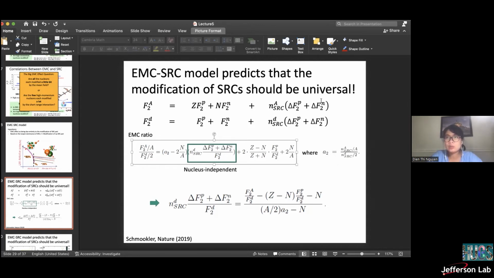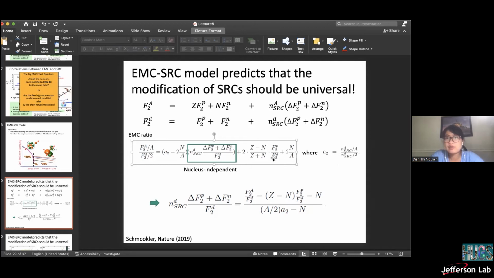I will not go through the math from here to here, but I think it's pretty straightforward. So when you take a look at this formula, you will see that this ratio is showing you the EMC effect. And this one, you can also measure in experiment.